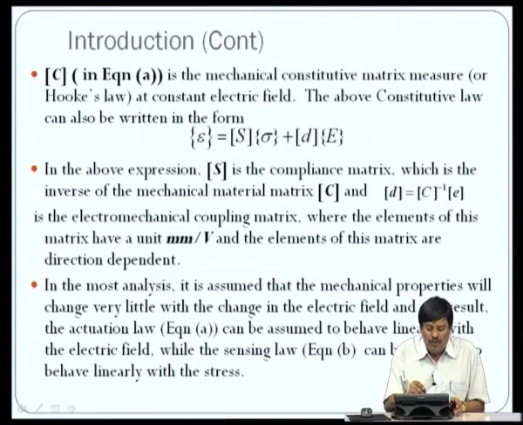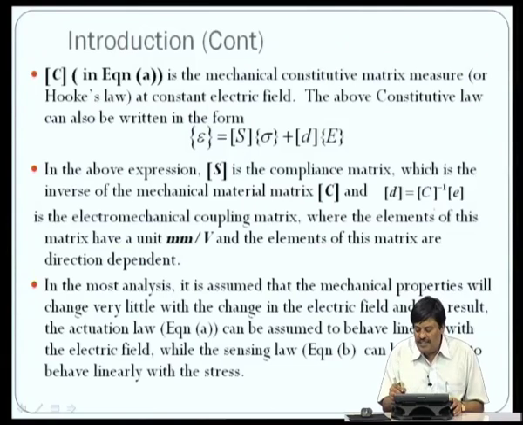The above constitutive law can be rearranged by taking epsilon on the left-hand side, with S as the compliance matrix, which is nothing but C inverse, multiplied by sigma, plus the matrix d multiplied by the electric field E, where d is equal to C inverse times the piezoelectric coefficient matrix. The coupling matrix d has a unit of millimeter per volt because it is taken as an inverse here.